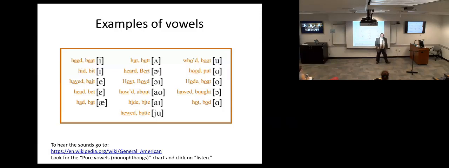These two there are produced with a glide, which is essentially a cross between a vowel and a consonant that sort of extends the vowel. That's why they're called the long vowels. They're not long.